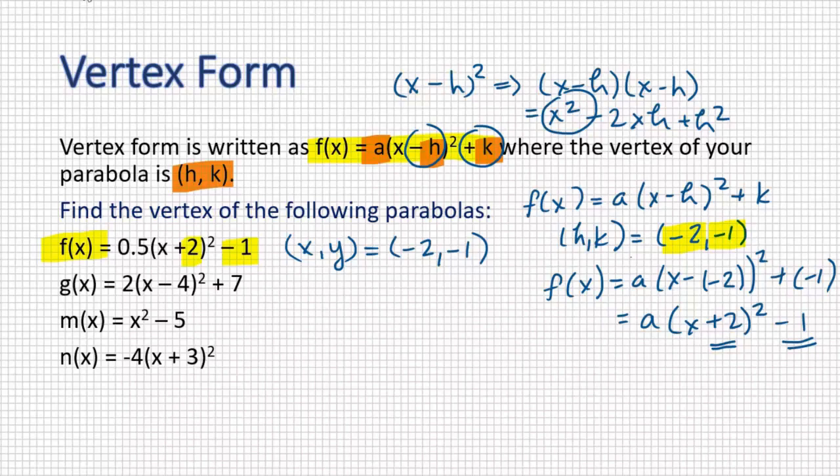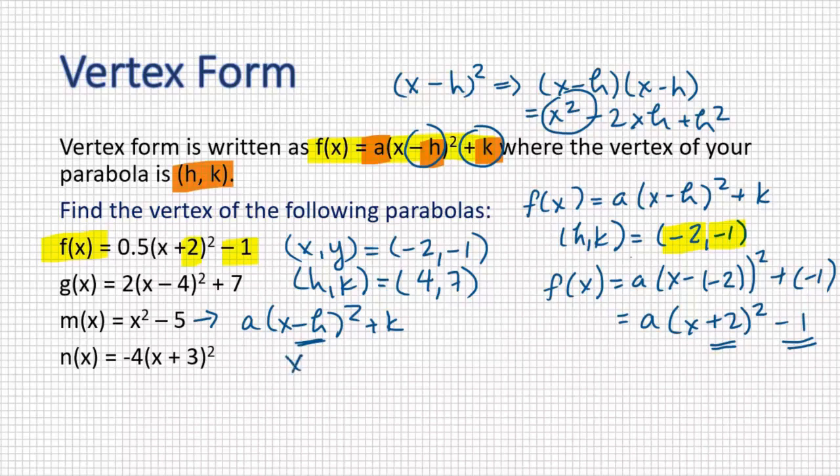So try writing the vertex for the remaining 3 functions. For g of x, the value for (h, k) is (4, 7). For m of x, it almost looks as though we're not really writing this in vertex form. It looks like m of x is written in standard form. What we can do here is think of this as a times (x minus h) squared plus k, but the value of h is 0.